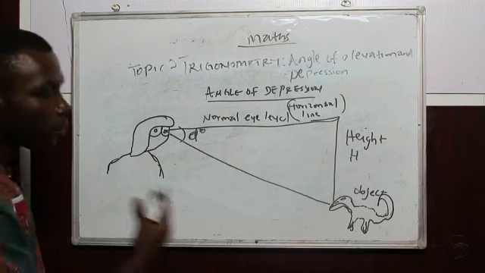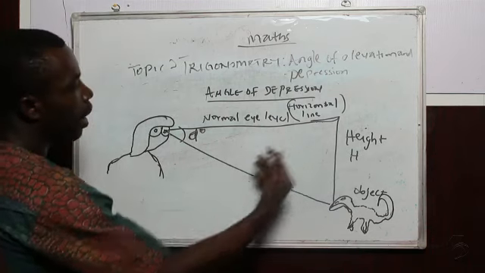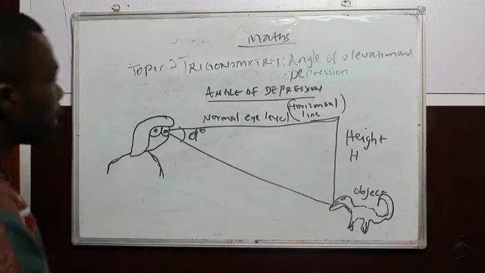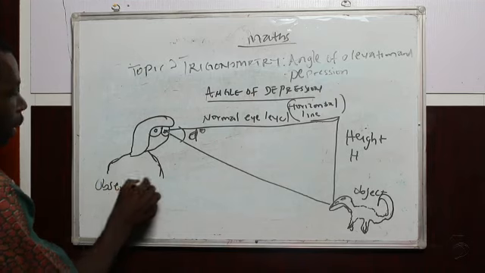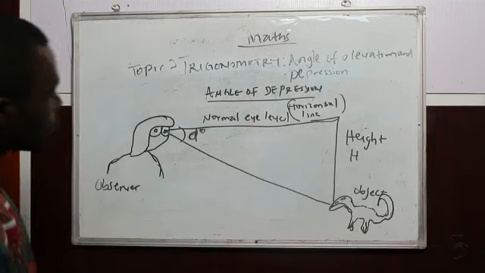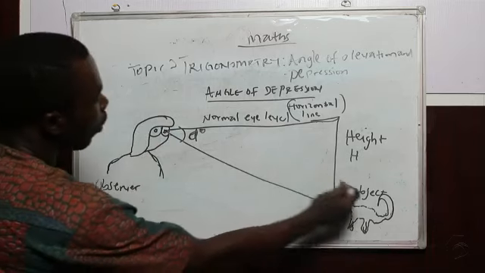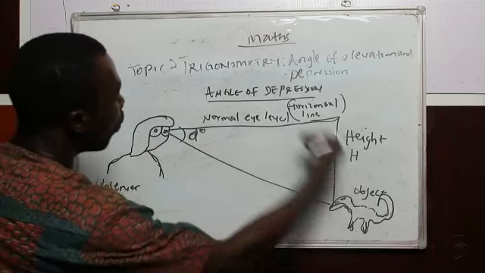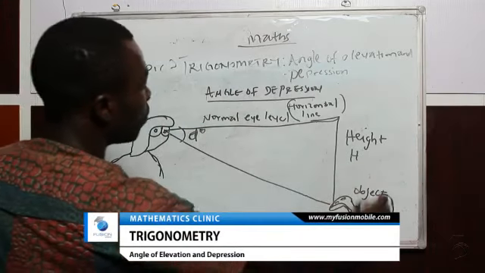From this diagram, this is an angle of depression. A man, who is the observer, is looking at an object. The object is below the normal eye level. This is the normal eye level and the object is here.